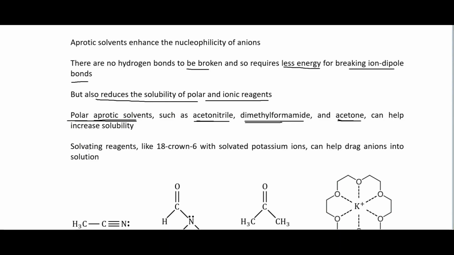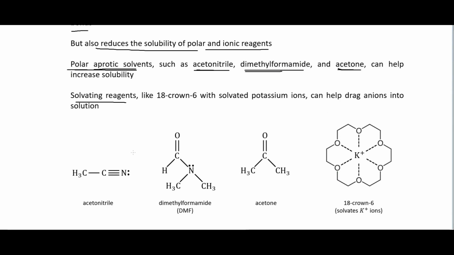We can also use solvating reagents, so things like this 18 crown 6 with the solvated potassium, and that can sort of drag anions into solution. So this is that 18 crown 6 with that solvated potassium there.